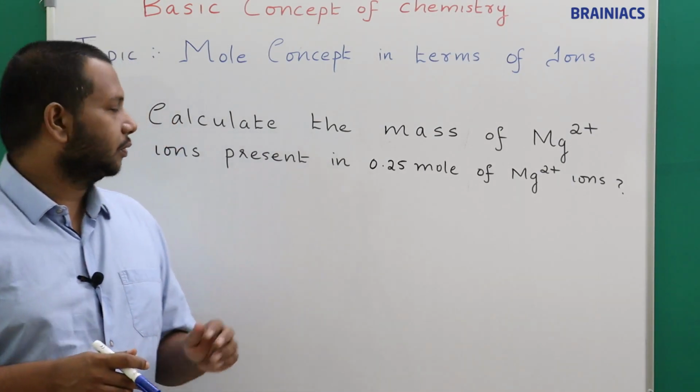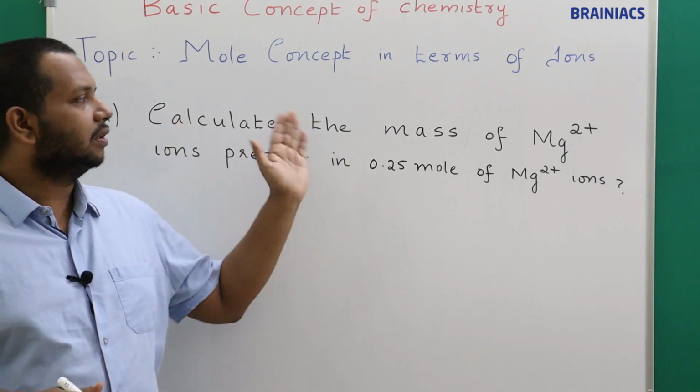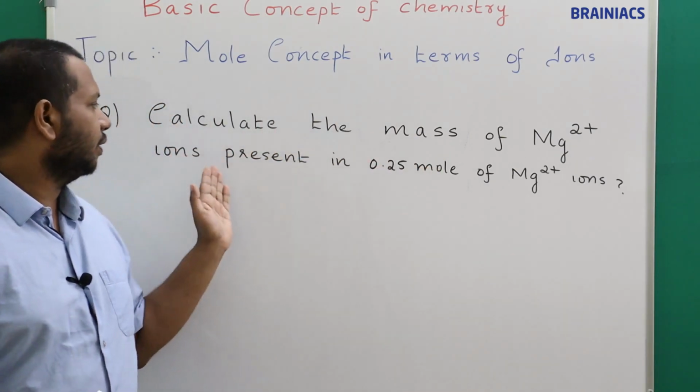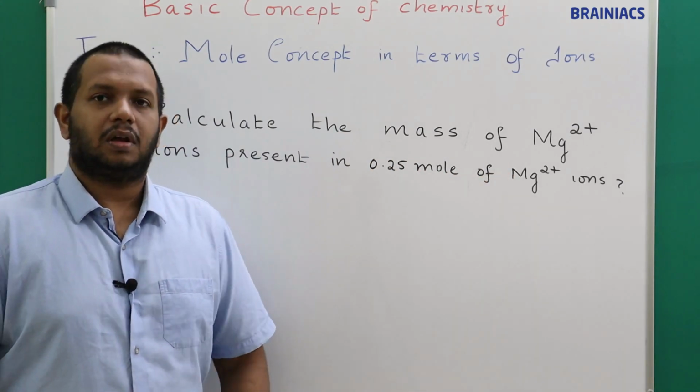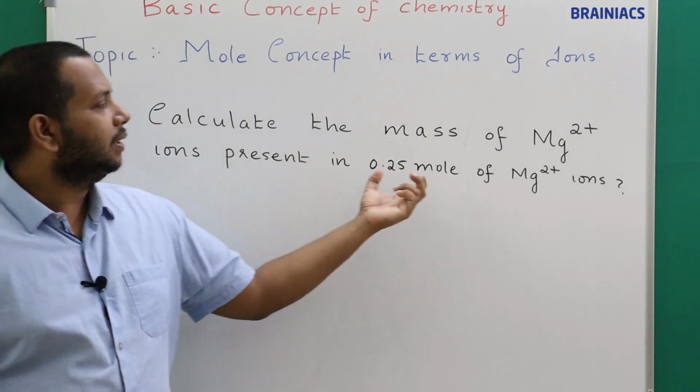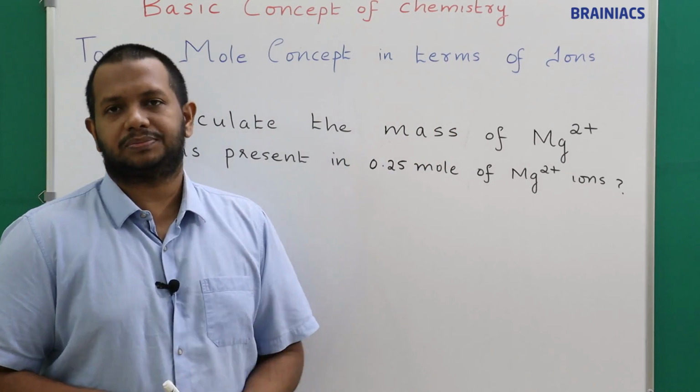So please go through the question. The question states: calculate the mass of Mg2 plus ions present in 0.25 mole of Mg2 plus ion. So right now they have tried to link between mole and mass. Okay.